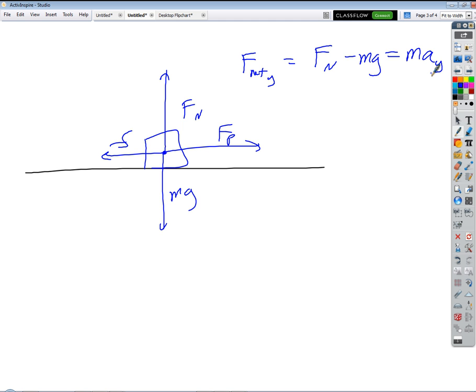When we were dealing with friction with an object sliding horizontally along the ground, was there any vertical acceleration? No, it was 0, right? So this was just equal to 0, and so that told us that normal force equaled mg, right? That was one equation of motion.